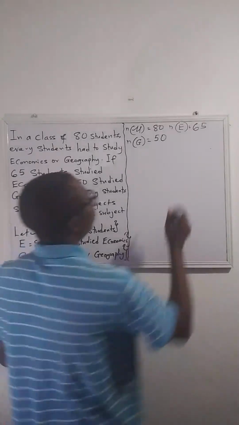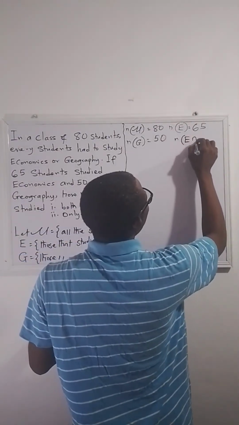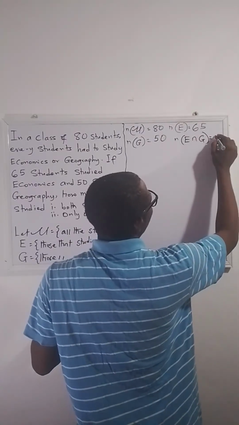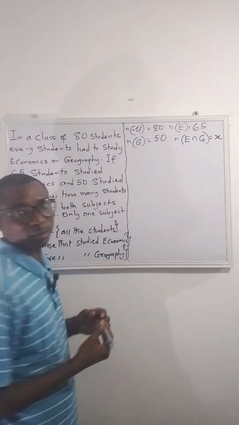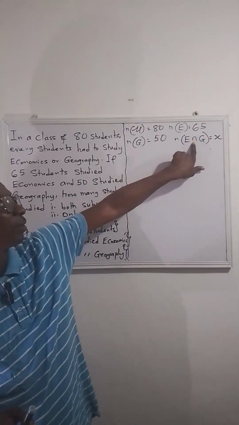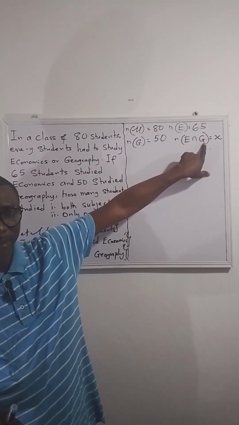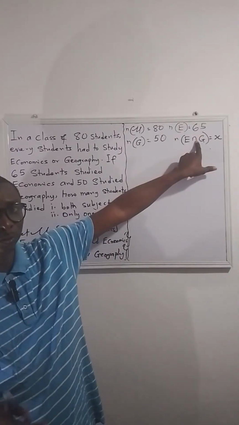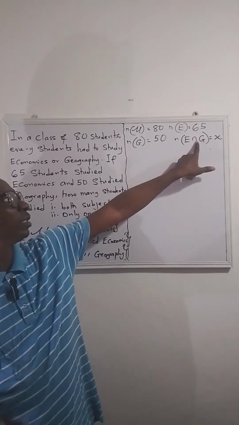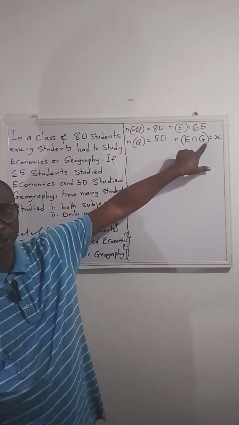So that is going to be number of E intersection G. That is what we are looking for. Okay, so we can call that X because we don't know that. Those that studied economics and also study what? Geography. All right, and don't forget intersection. You know, we have done that earlier. So intersection is the members of E and G.